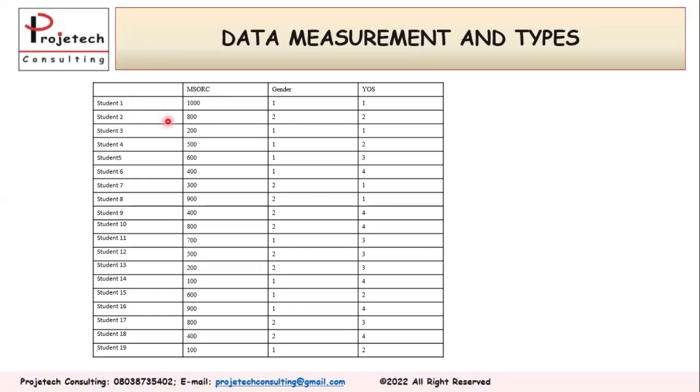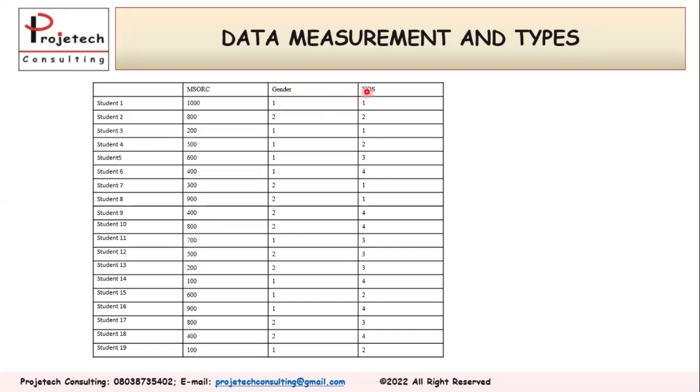Student 1, under question number 1, how much did you spend on buying a recharge card? So this student here spent 1,000 naira, and then gender, we use 1 for male and 2 for female.